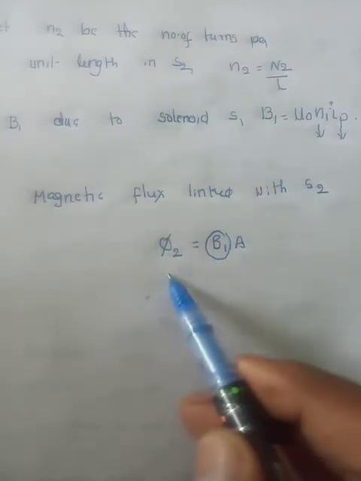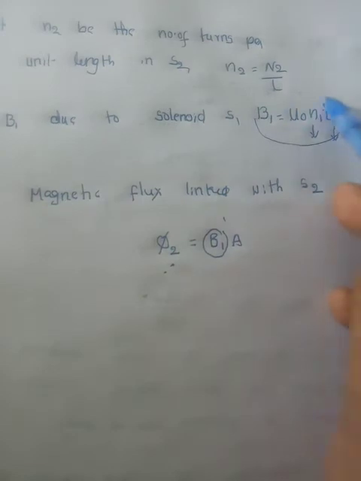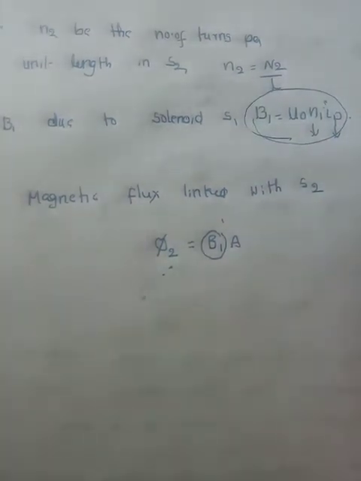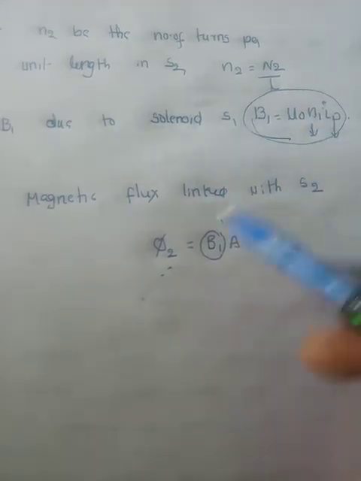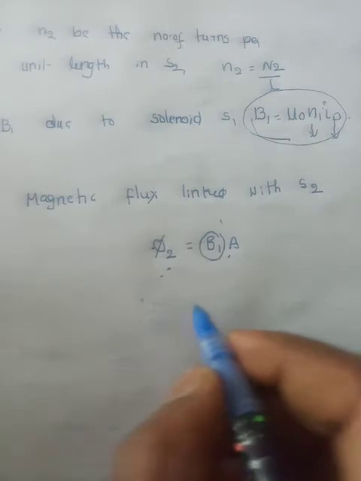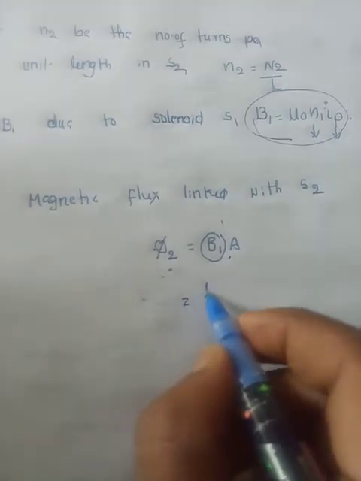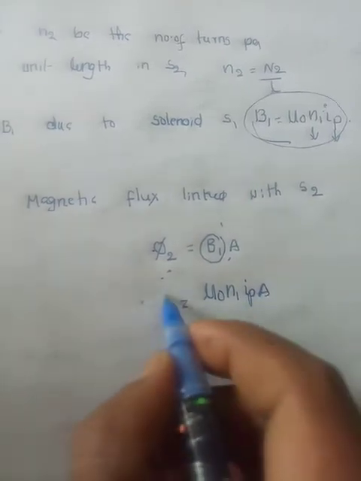The magnetic flux is linked with solenoid S2 because of the magnetic field produced by solenoid S1. That is a very important point we should remember. We should not write B2 here. B1 is mu naught n1 Ip, into A.